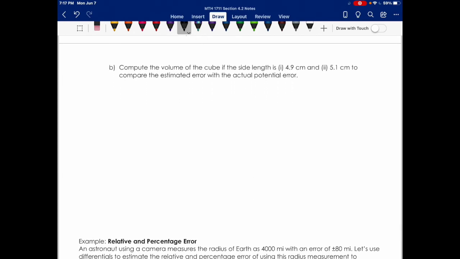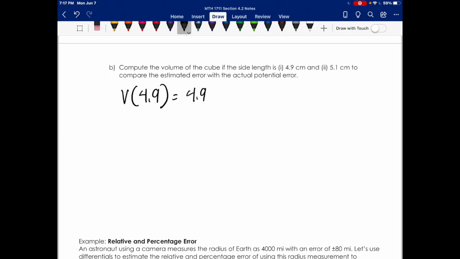So now let's actually compare this to the change in the actual volume. If I find the volume at 4.9, that means I underestimated the side of the volume by 0.1, because it's supposed to be measured at 5.